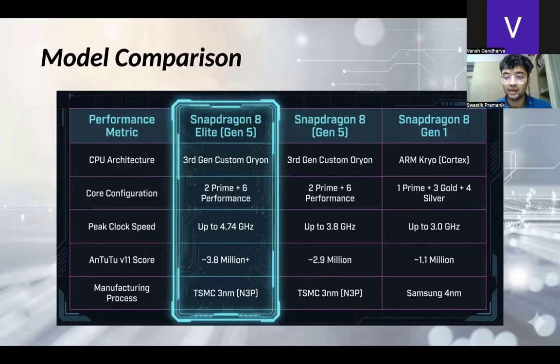The Snapdragon 8 Elite Gen 5 beats its previous models, with up to 4.74 gigahertz compared to the Snapdragon 8 Gen 5's 3.8 gigahertz, while Gen 1 is 3 gigahertz. Also, as I said, the previous version was manufactured by Samsung at 4 nm, while the new versions are being manufactured by TSMC at 3 nm. So moving on to the next slide.